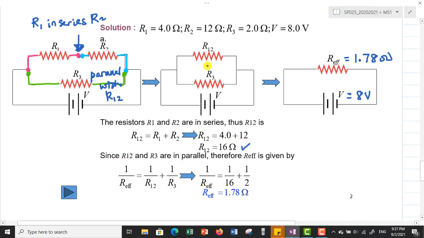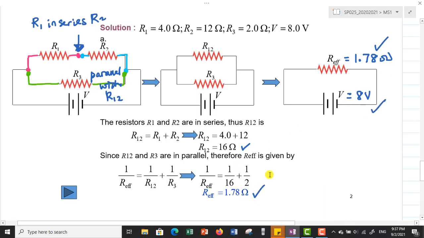Then the combination R12 will be in parallel with R3. So 1 over R effective is 1 over R12 plus 1 over R3, which is 1 over 16 plus 1 over 2. So I'll get the effective resistance as 1.78 ohm. We are done with question A.